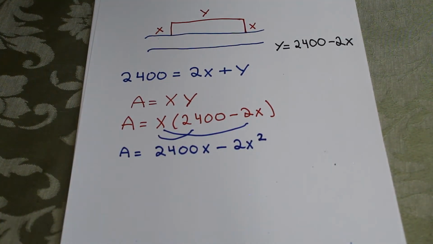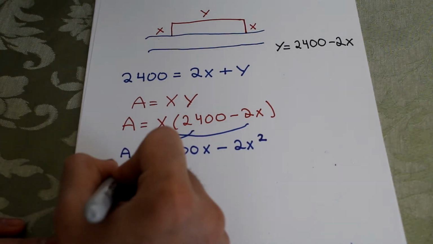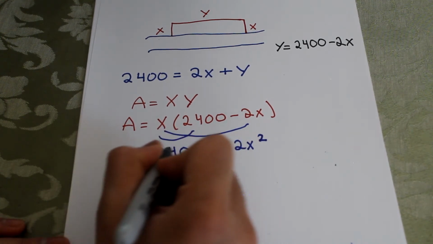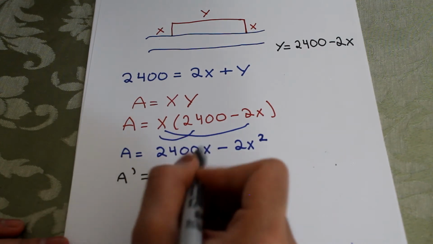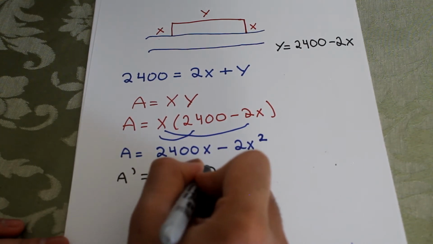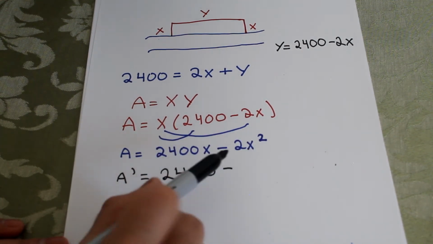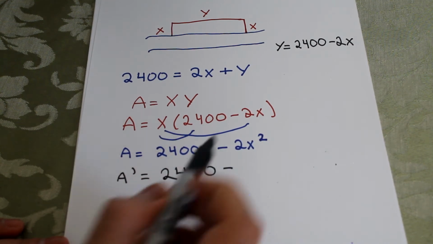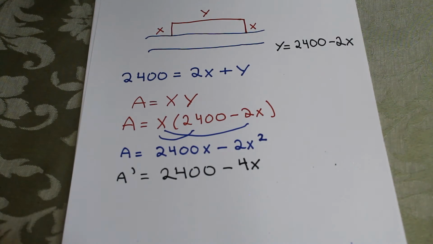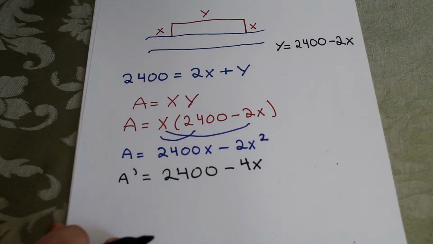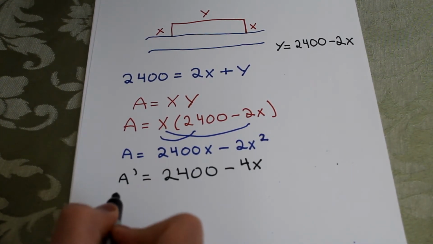To find the maximum, we need to find A prime. A prime is equal to the derivative of 2,400x, which is just 2,400, minus the derivative of 2x squared, which is 4x. To find critical values, we have to set A prime equal to 0.